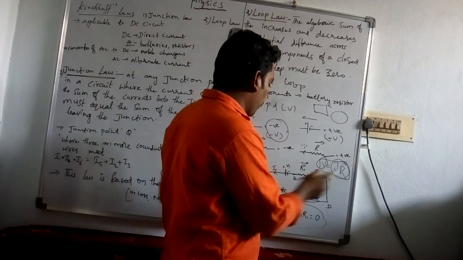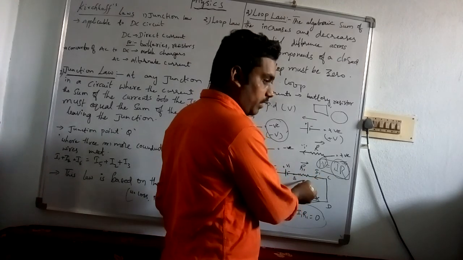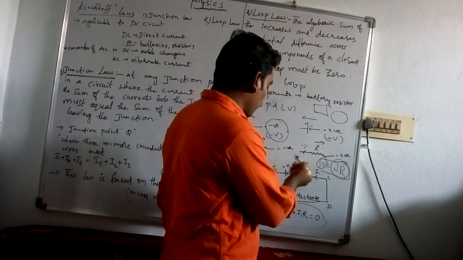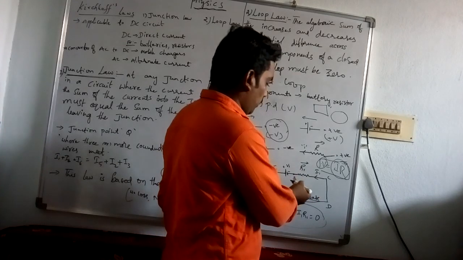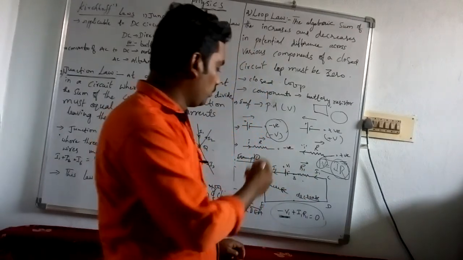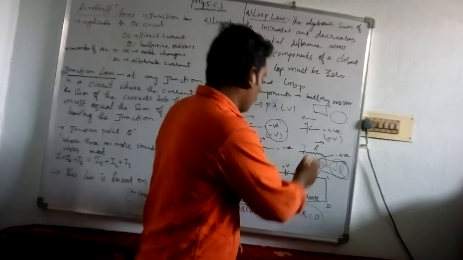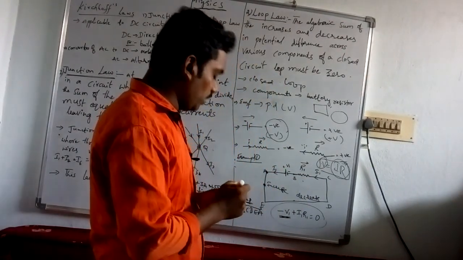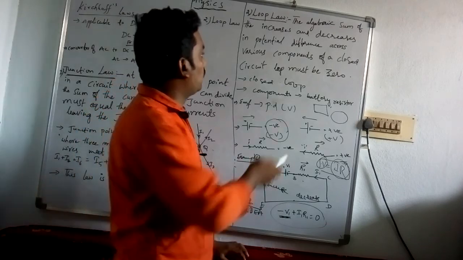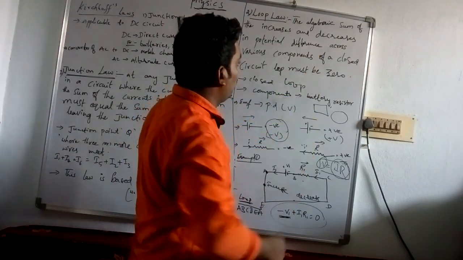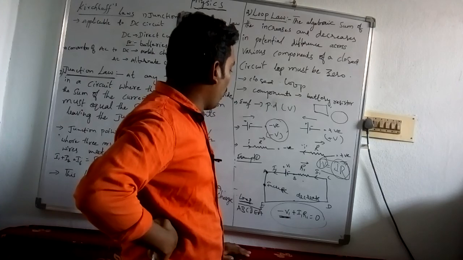Moving through resistors or the battery, the potential difference will increase or decrease at different points.